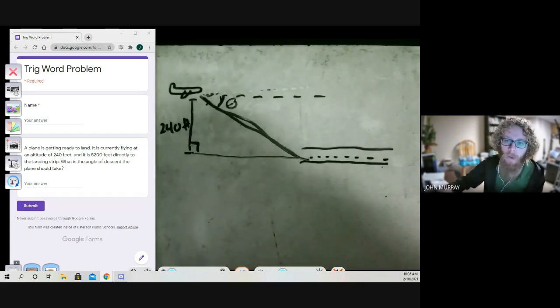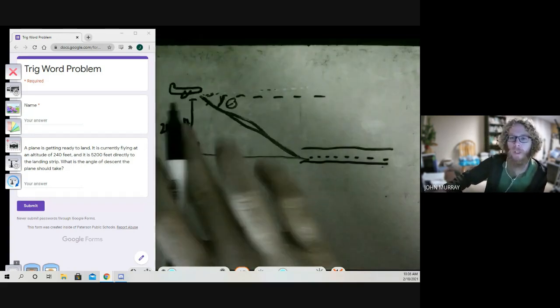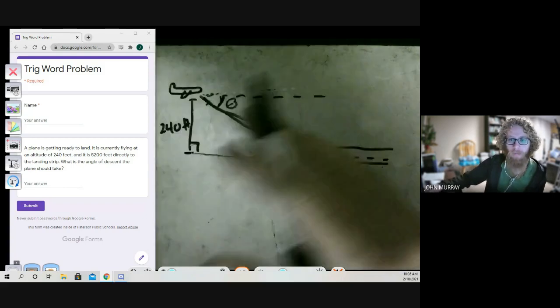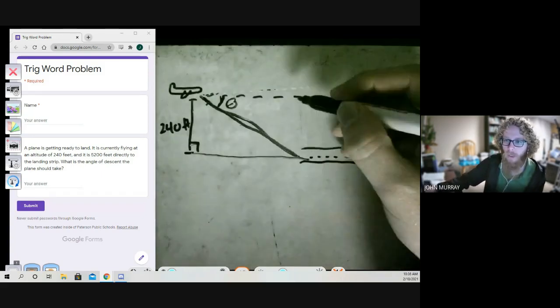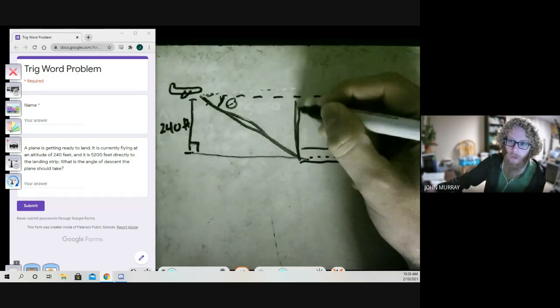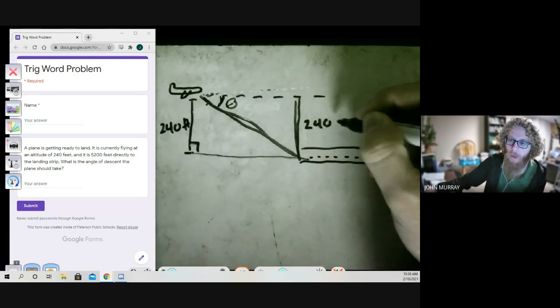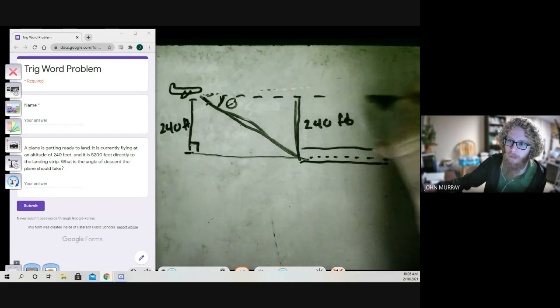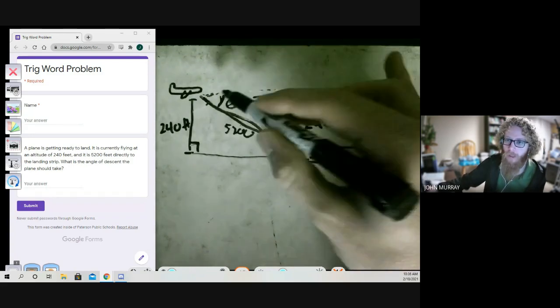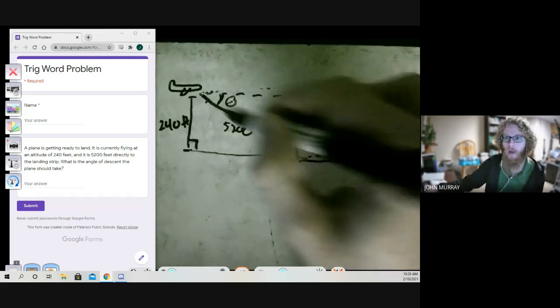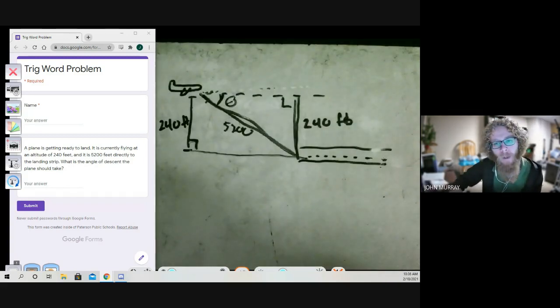Now, there's two things that I can do. I can move my triangle, right? Because instead of looking at it like this, I can move the vertical line over here. This would still be 240 feet. This would still be 5,200. And now you're dealing with this top half of the triangle.